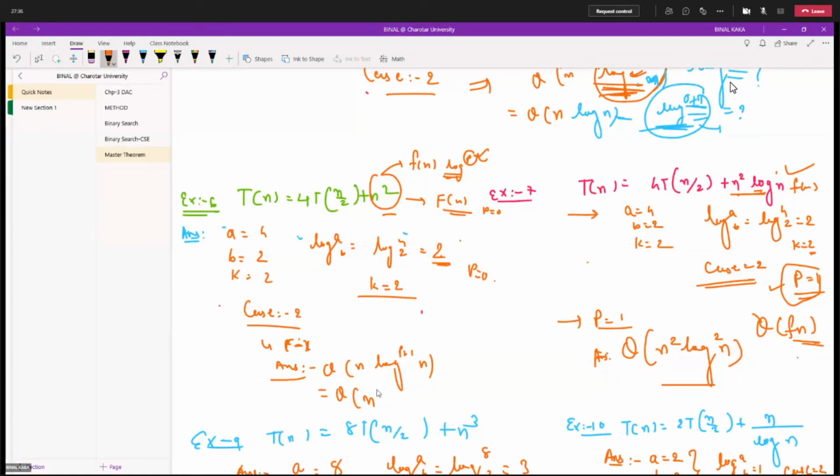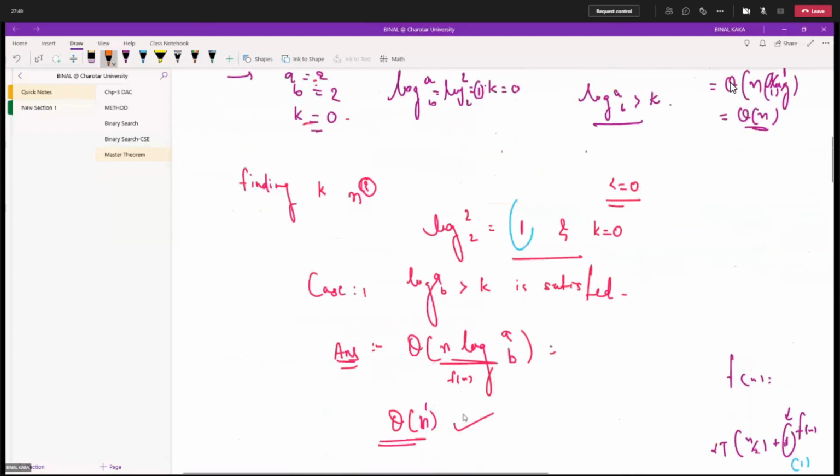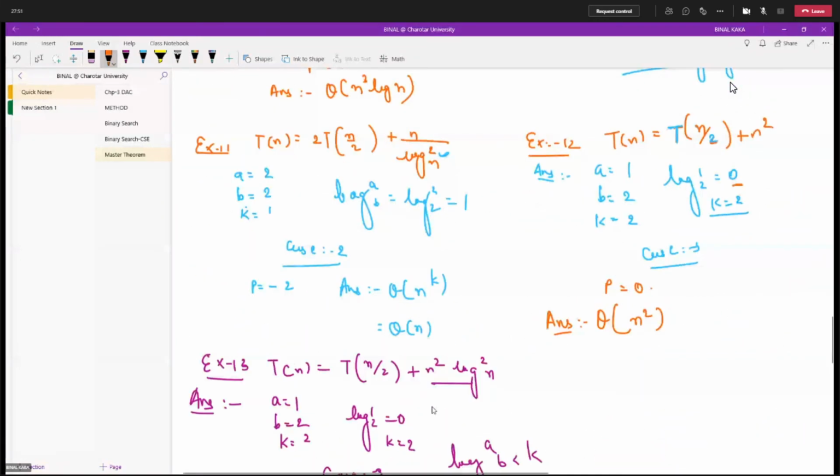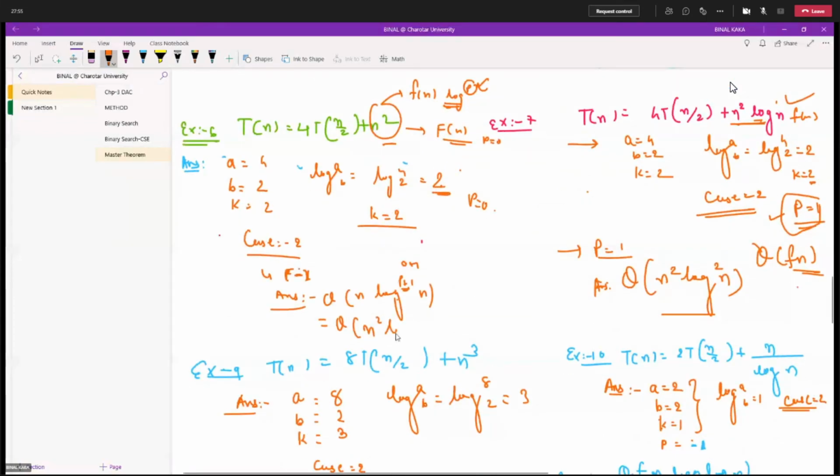Yes. What is the answer? Directly say, what will it be here? 0 plus 1 again. Let me check. n square log n. Correct, right? So n square log n is the complexity for example 6.